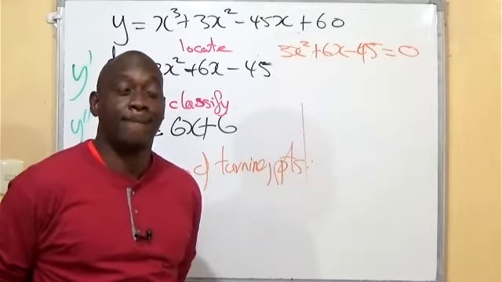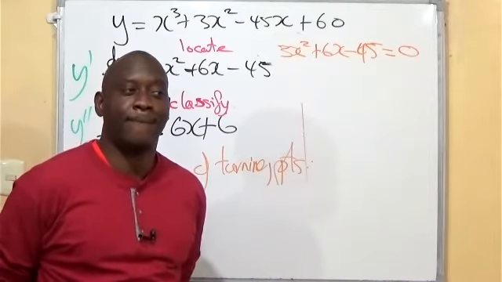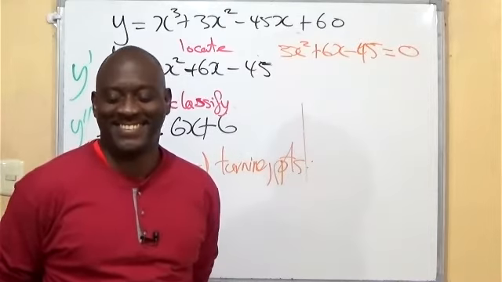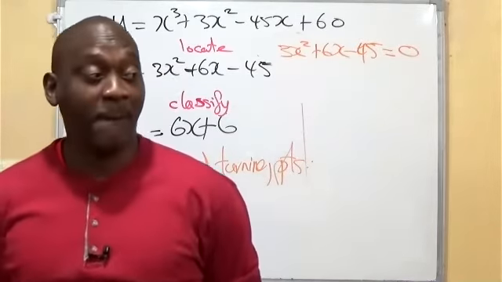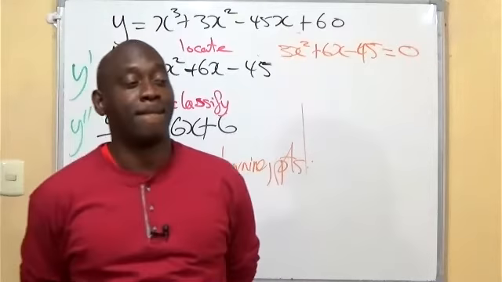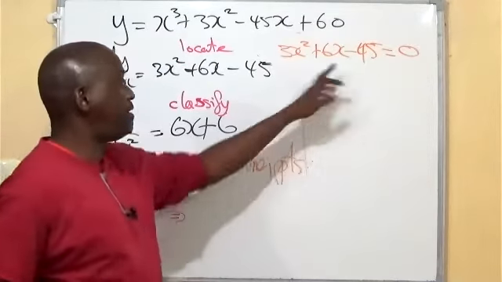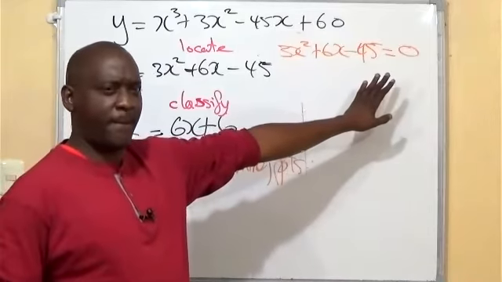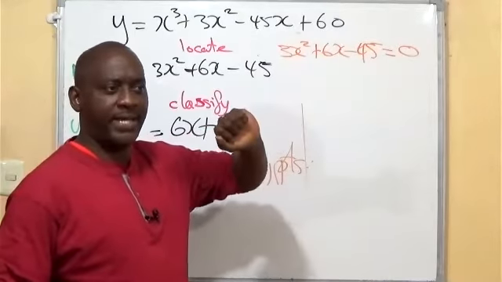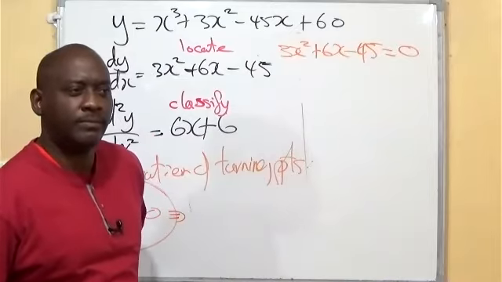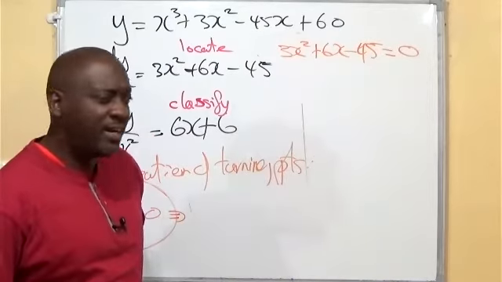I would multiply A and C, and then find what multiplies to give AC and adds to give B. So you're saying that you'll multiply 3 by 45, right? That's what you'll do? All right. Has anybody seen anything there? So you could divide the entire equation by 3.